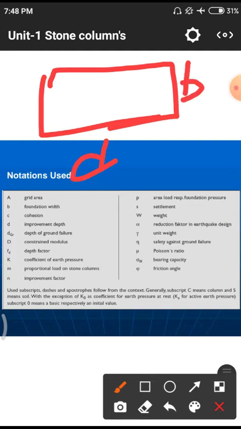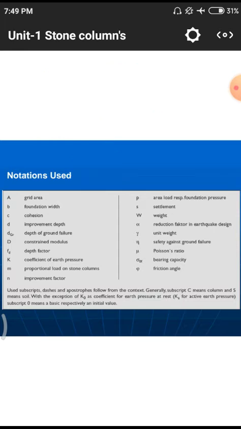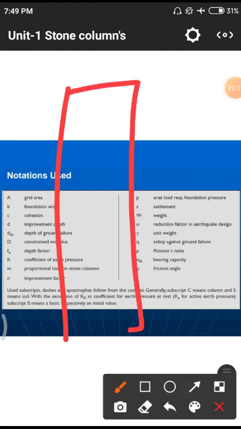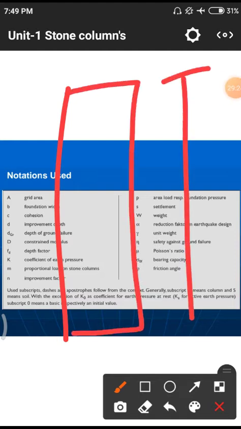Next, C is the cohesion property of the soil. Next, D is the improvement depth. That means the total depth of the particular stone column, the improved depth.